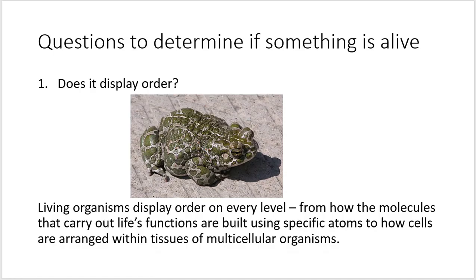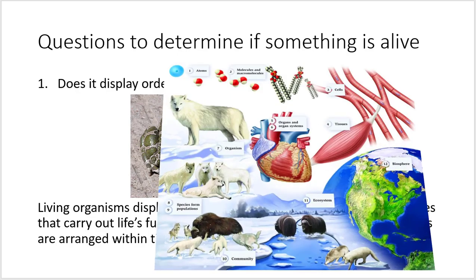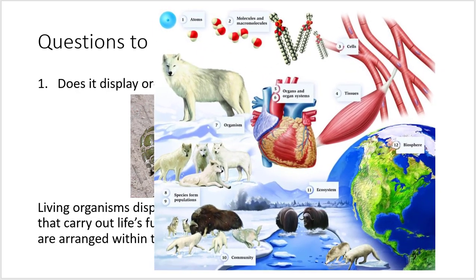First question, does that thing, if we're trying to determine if it's alive or not, does it display order? Living organisms display order on every level, from how the atoms are arranged in order to make very specifically shaped molecules, to how the molecules are arranged in a very specific order to give us organelles, and how organelles are combined to give us cells.